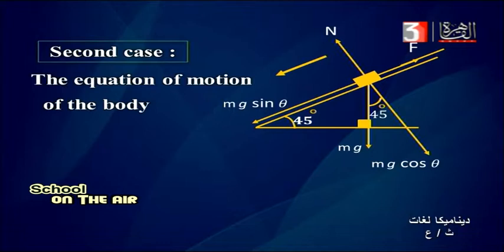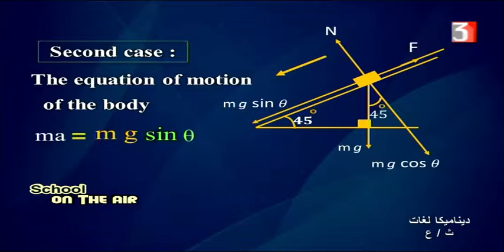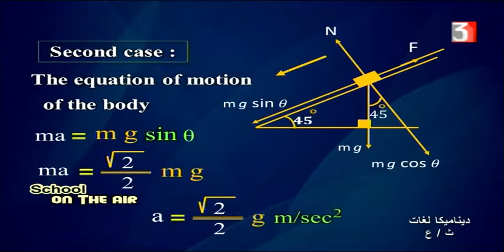The equation of motion is ma equals mg sine theta. ma equals sine 45, which equals root 2 over 2 times mg, divided by m on both sides. Then the acceleration a equals root 2 over 2 g meter per second squared.